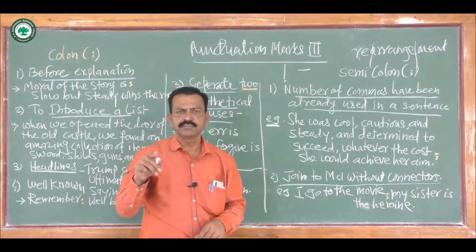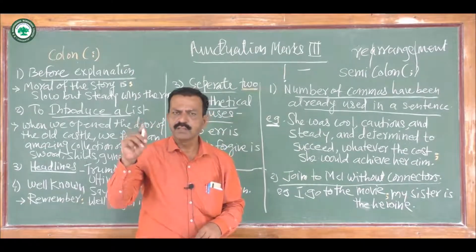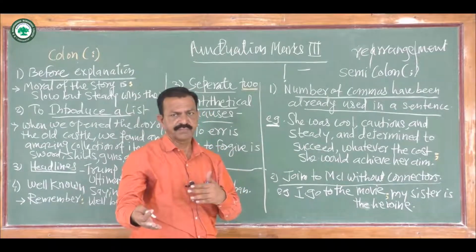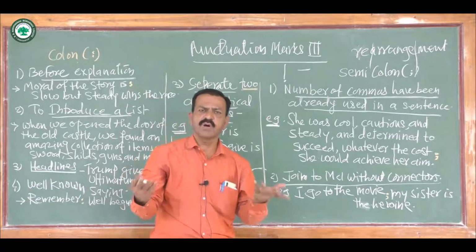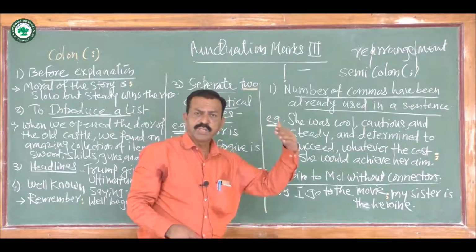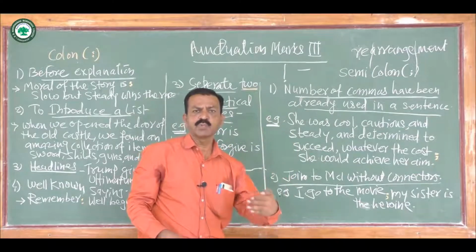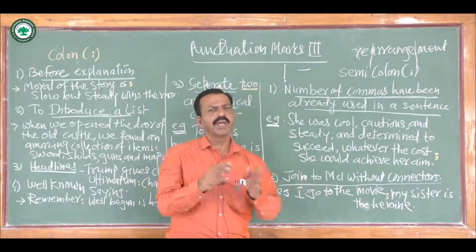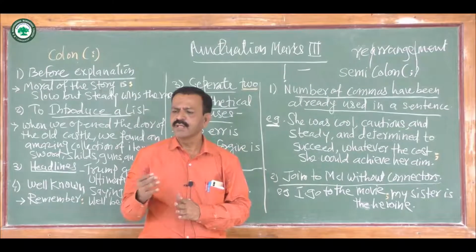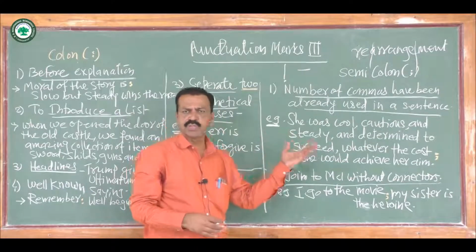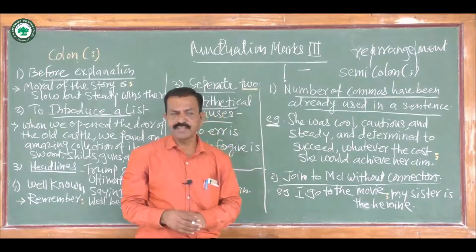Question mark. May I come in, sir? It is a yes/no type of question, and the teacher may say yes or may say no. So here in these two examples, what is your name? This is a WH question, and may I come in, sir? It is a yes/no type of question. So the question mark is used on both of these occasions.